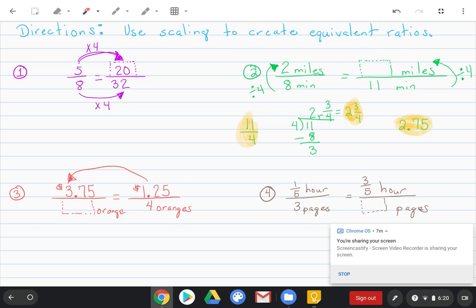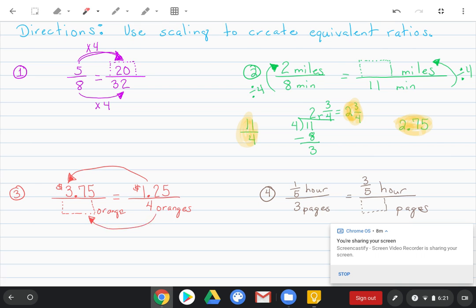And you may be wondering, why am I going from right to left instead of left to right? Well, remember, I want to go from what I know to what I don't know. And on the bottom, in the denominators, I know 4, and I'm trying to figure out what goes in that box. So I have to go from right to left.